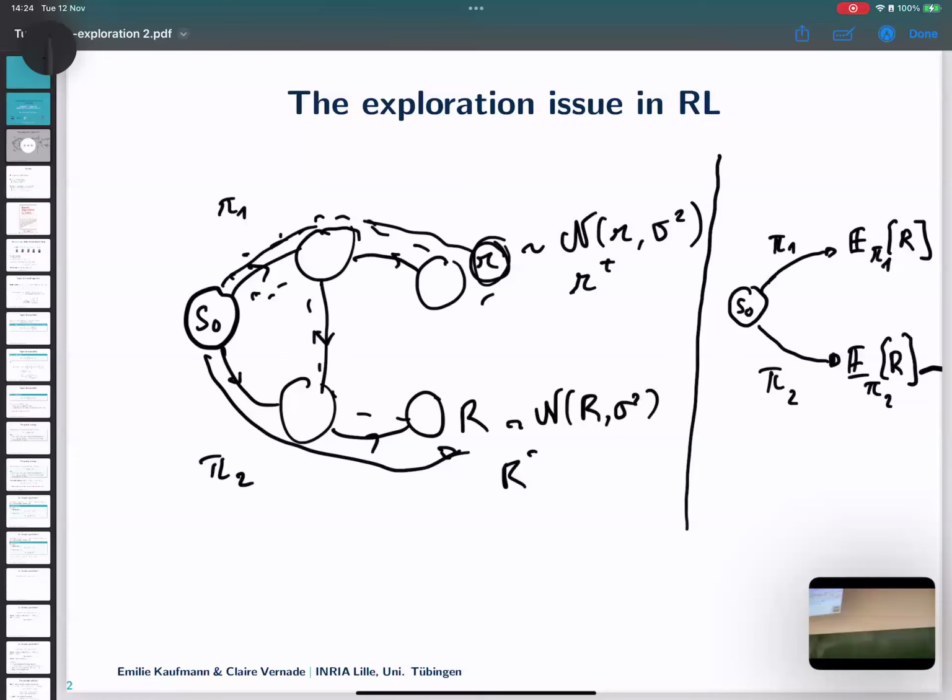This policy pi1 has a smaller expected value than the policy pi2, but it takes a while before you actually discover this. You need to explore your environment enough to collect this information and significantly say, yes, okay, policy pi1 is worse than policy pi2, so policy pi2 is better.